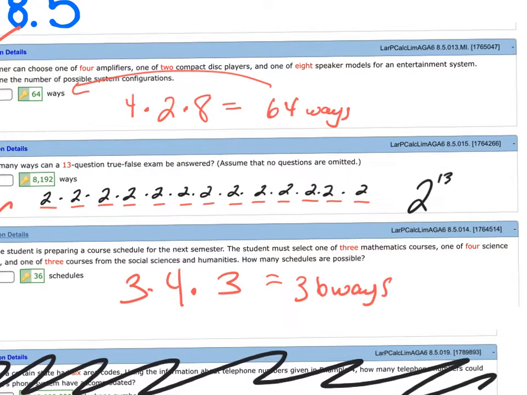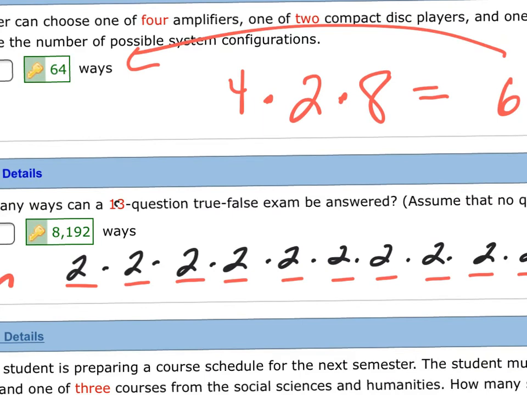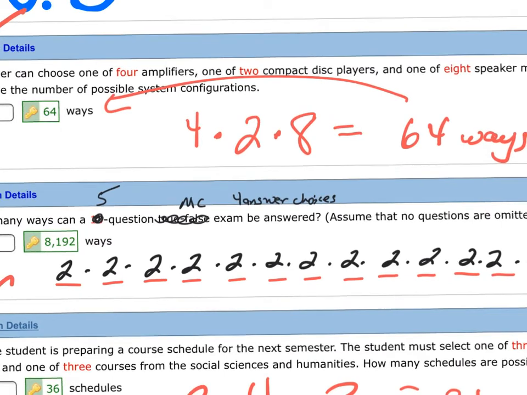A lot of times this question is asked with a test type situation. Like if I said you have a 5-question multiple choice test with 4 answer choices per question, some of you would go, oh, 5 times 4 is 20. That's not the case. How many questions do you have in this new scenario? 5.